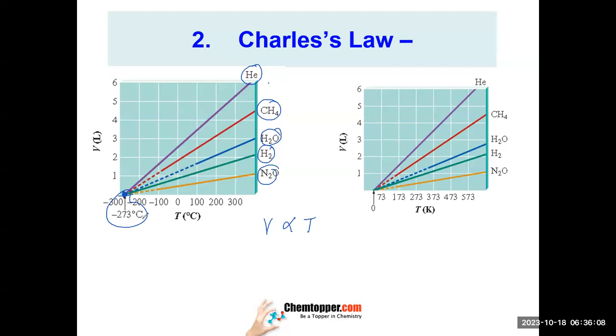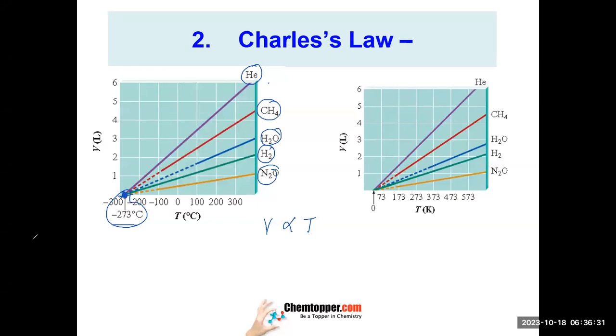You can see this. So at minus 273 degrees Celsius, what's the volume of the gases? Yeah, answer it. Look at this.